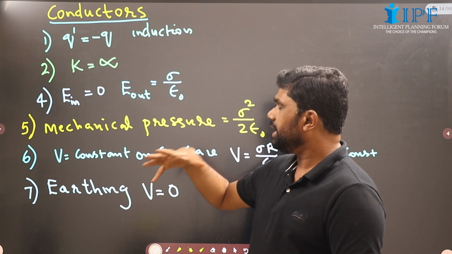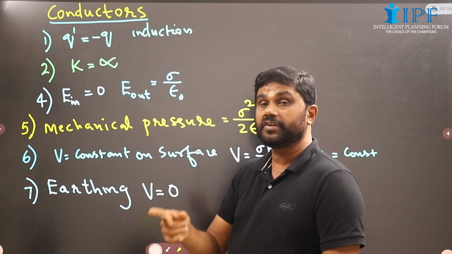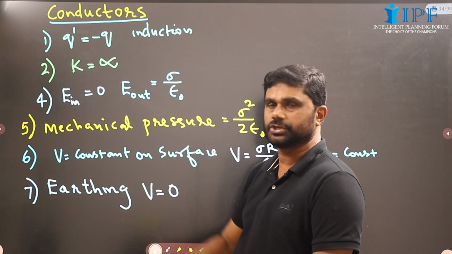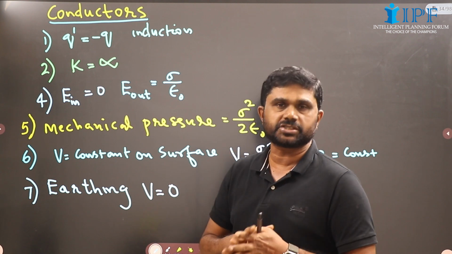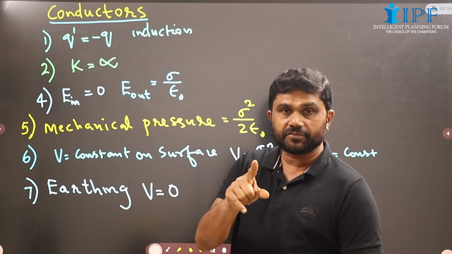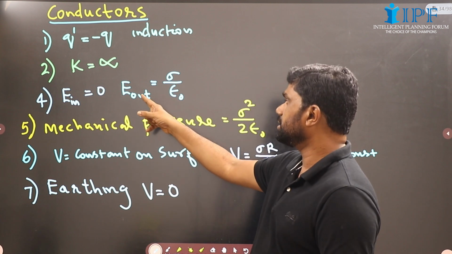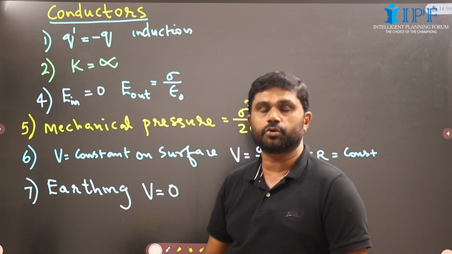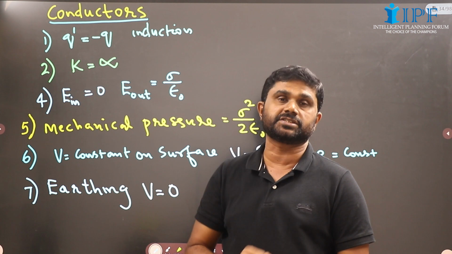Now the intensity of electric field inside a conductor is 0. It's called electrostatic shielding. And the intensity of electric field outside the conductor is sigma by epsilon 0, where sigma is the surface charge density.